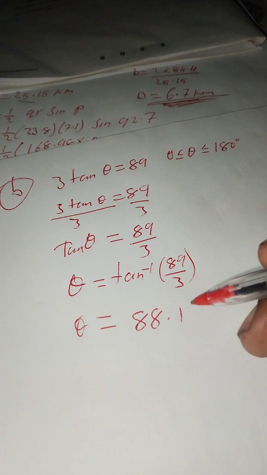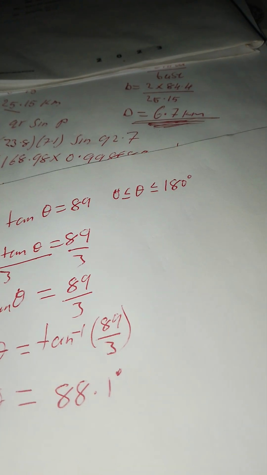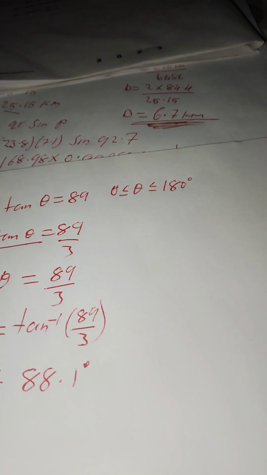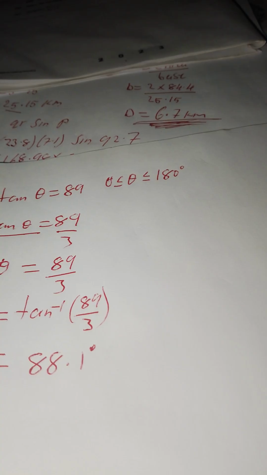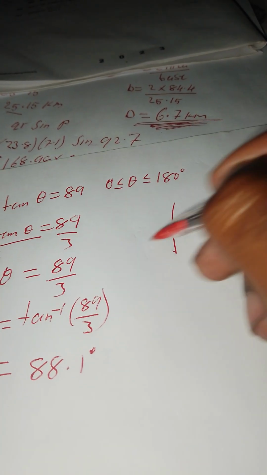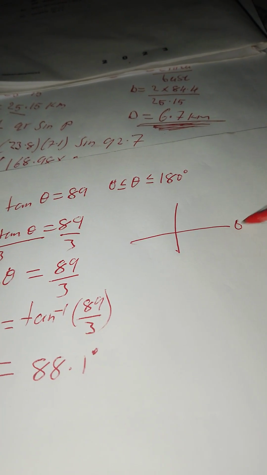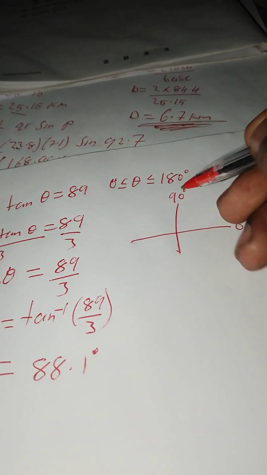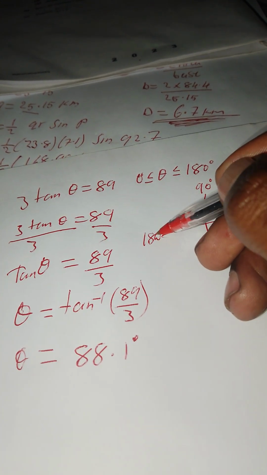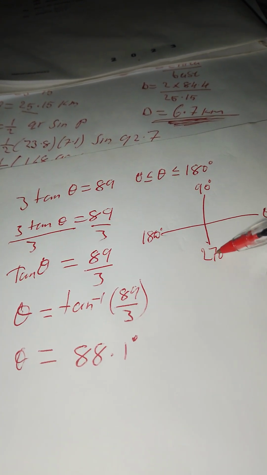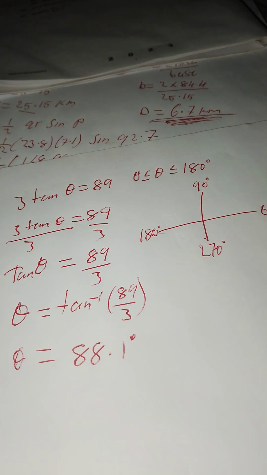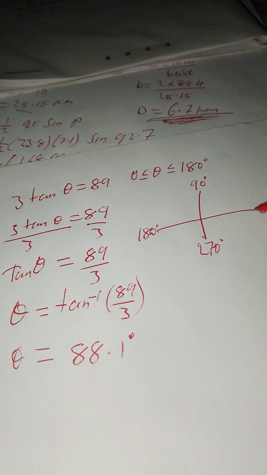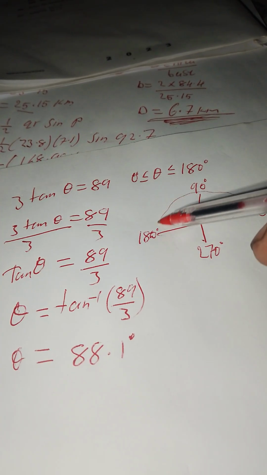Now, don't forget we are given the range. We have to check if the answer that we have found is in the correct position. For example, you have 0 or 360 degrees, then 90 degrees, then 180 degrees, 270 degrees. The position where the answer should fall is from 0 to 180.